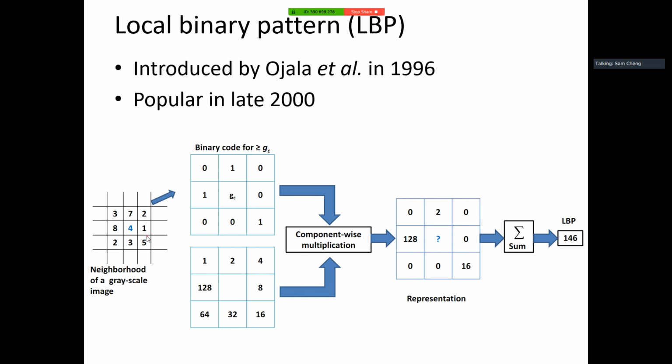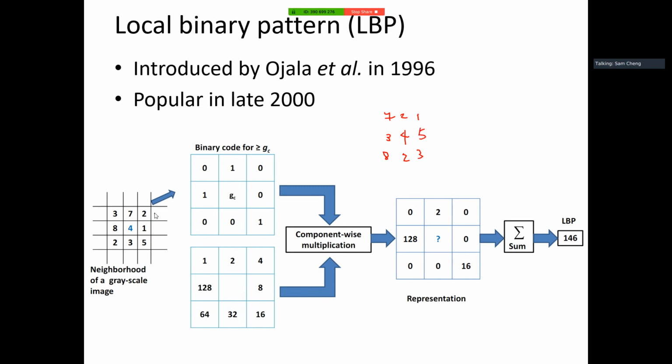So rotation meaning that, for example, if this patch is approximately rotated by 45 degrees, then maybe my values will be more or less like this. So maybe my 1 moves up to here, my 2 moves to here, then I have 7 here, 3, 8, 2, 3, 5, like this.